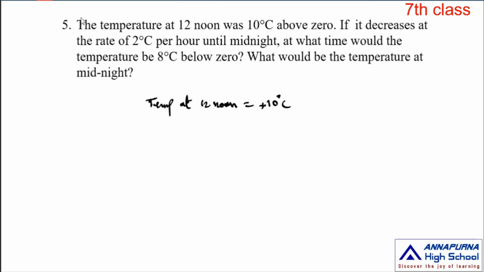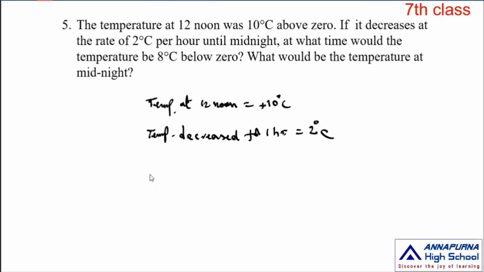If it decreases at the rate of 2 degrees centigrade per hour, temperature decreased for 1 hour is equal to 2 degrees centigrade. Until midnight, at what time would the temperature be 8 degrees below 0?